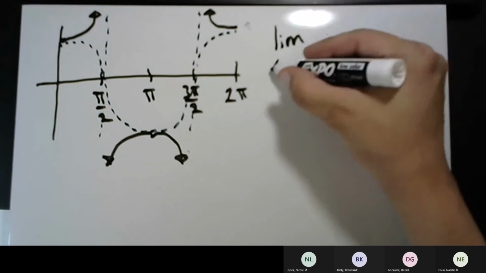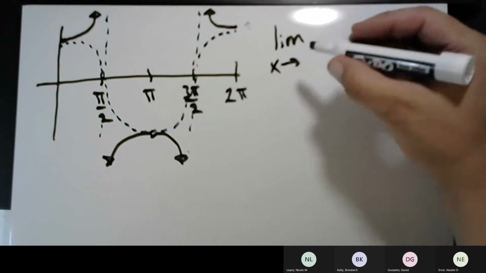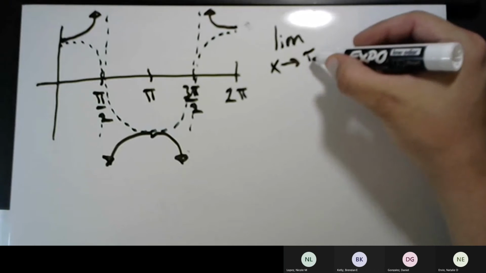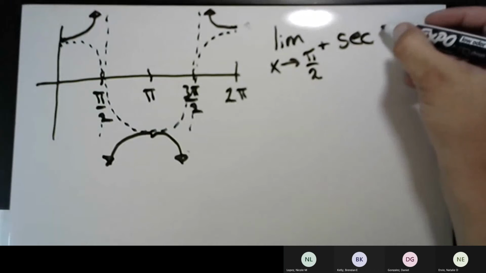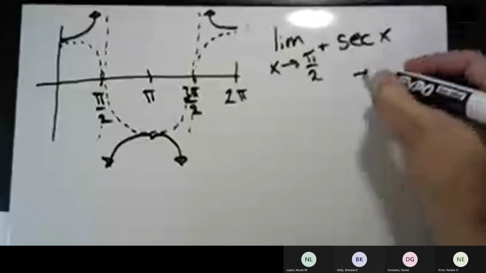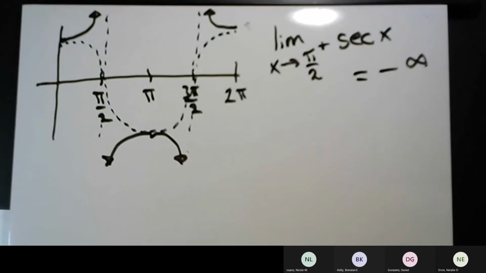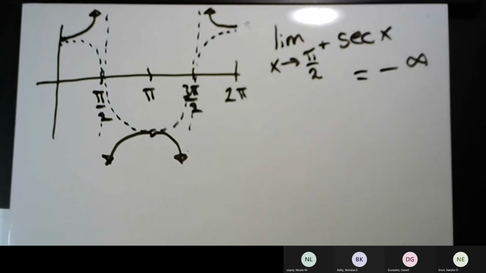So that means the limit as x approaches pi over 2 from the right of secant of x is also negative infinity. So what we're going to get for L'Hopital's rule is that the indeterminate form, in this case, is negative infinity over negative infinity. And that's fine. That's going to be okay.